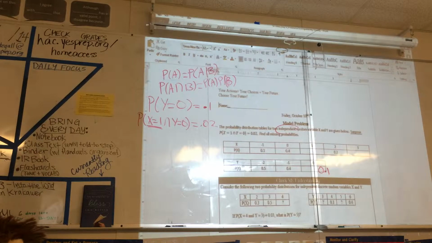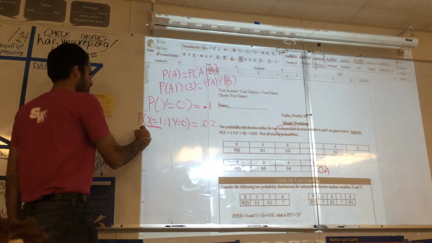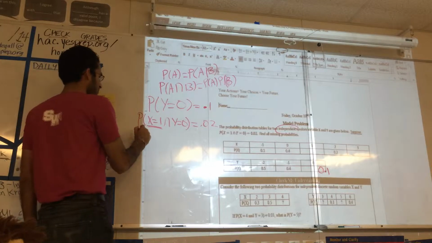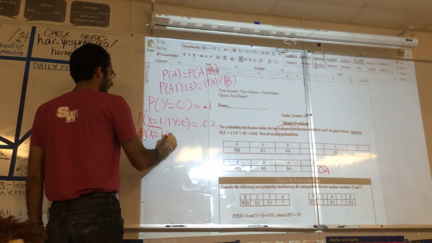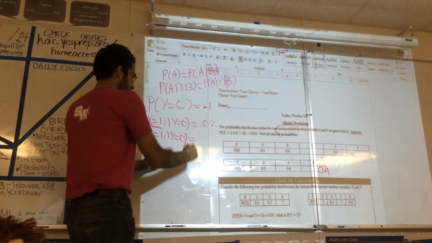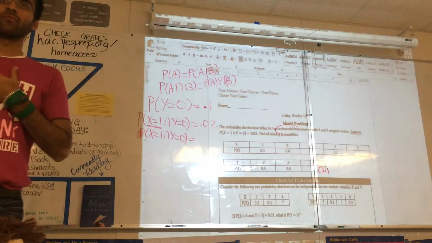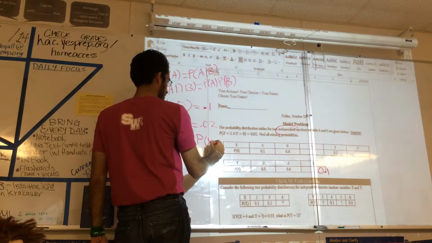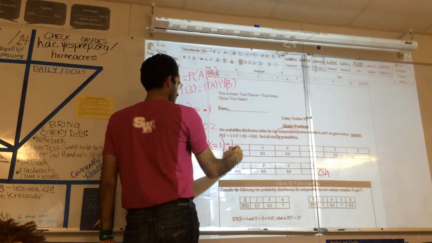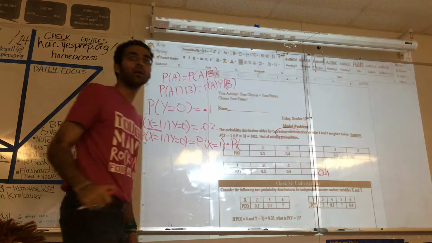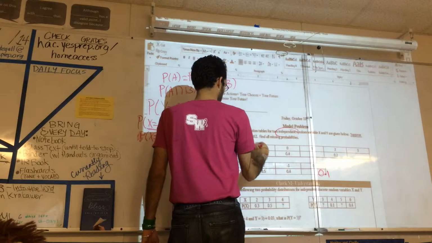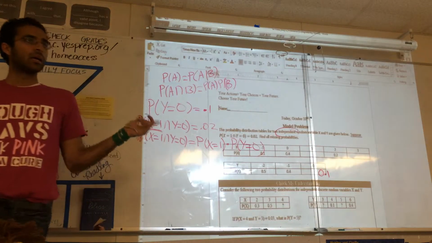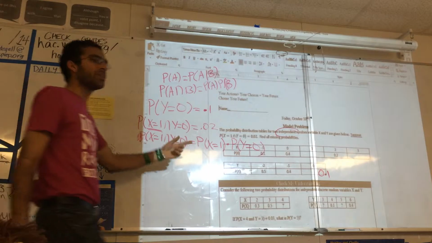Set 0.02 equal to the probability of x equals 1 times the probability of y equals 0. So the probability of x equals 1 and y equals 0 is equal to the probability of x equals 1 times the probability of y equals 0. Now how did we know this?